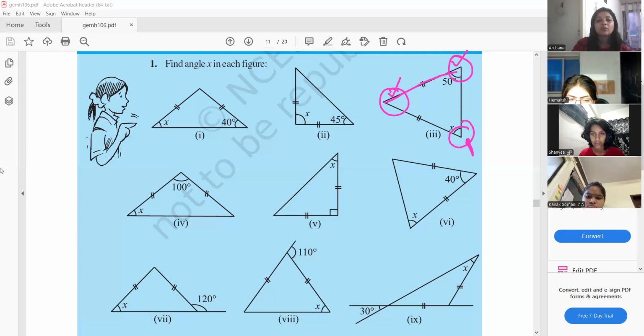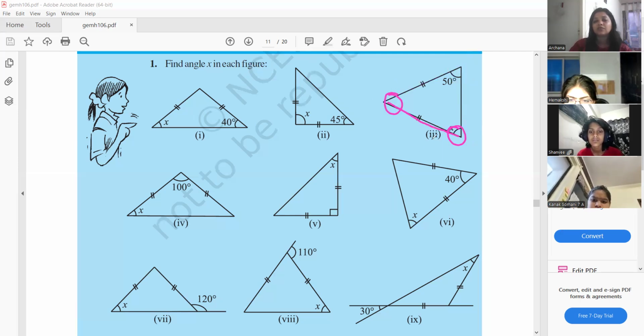Now, if I talk about the other side, it has these two angles, which we cannot take because it has this angle. So we can only talk about this angle. So earlier it was this and now it is this. So according to this, these two angles are equal in measure, correct?